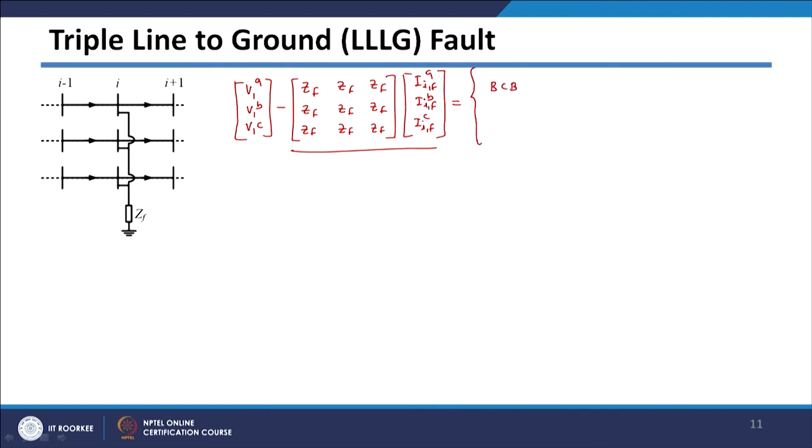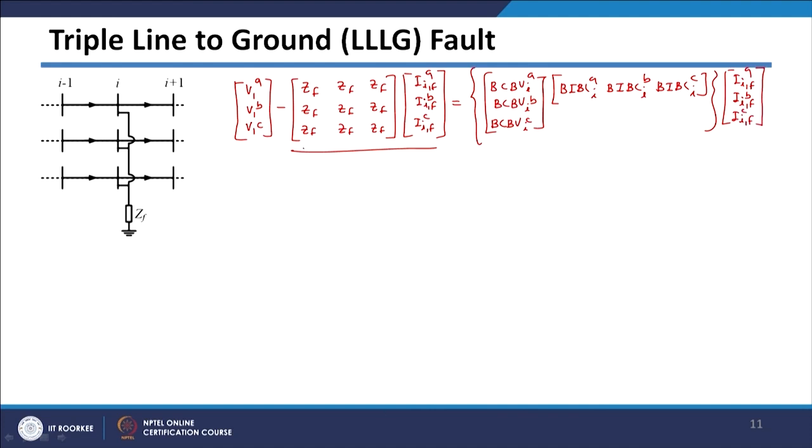your BCBV matrix, and as we have seen here, there are 3 rows of BCBV matrices: the BCBV row corresponding to A, BCBV row corresponding to B, BCBV row corresponding to C of the ith bus, and the BIBC column corresponding to A, BIBC column corresponding to B, BIBC column corresponding to C of the ith bus, and this is getting multiplied by your fault currents.